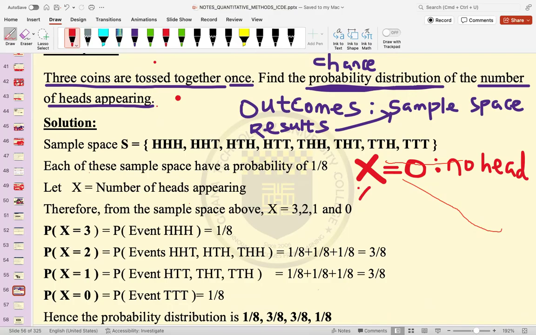When we say X is equal to 1, it means that only one head will appear. When we write X equals 2, it means only two.